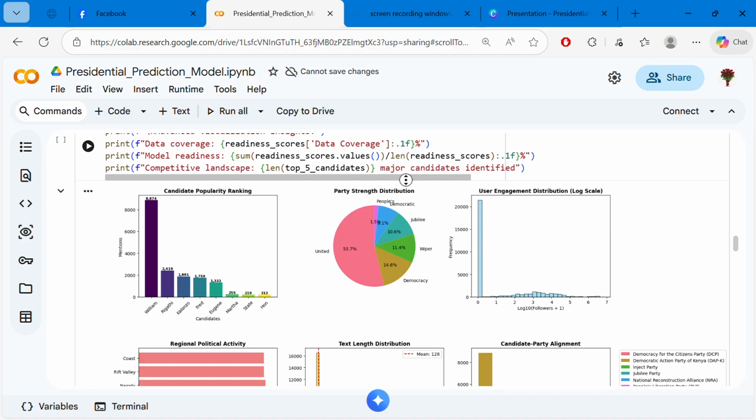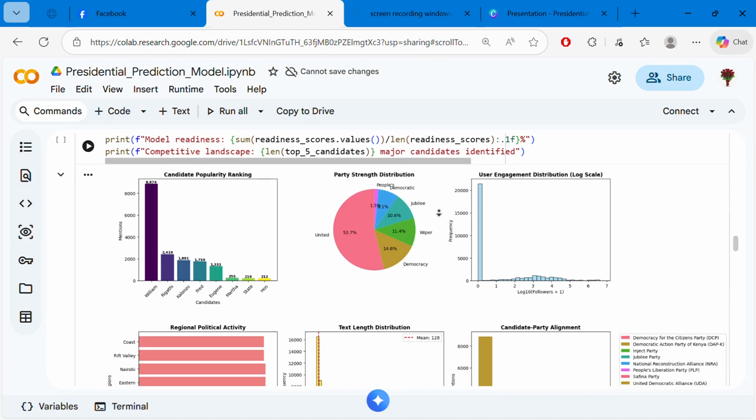Candidate popularity rankings. Here we shall do a summary of all the visualizations. On the first figure, we saw that William Ruto was the most dominant with a lot of mentions, 8,874 mentions. Then we had party strength distribution, where UDA was most dominant.